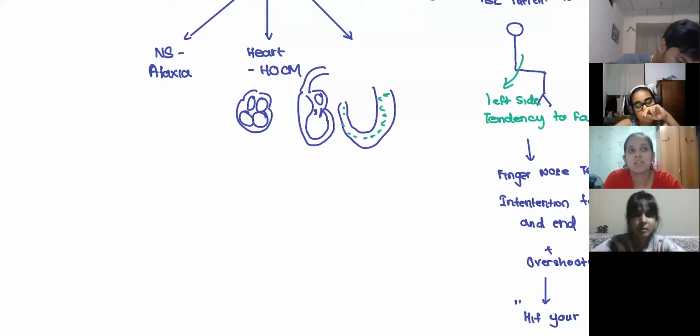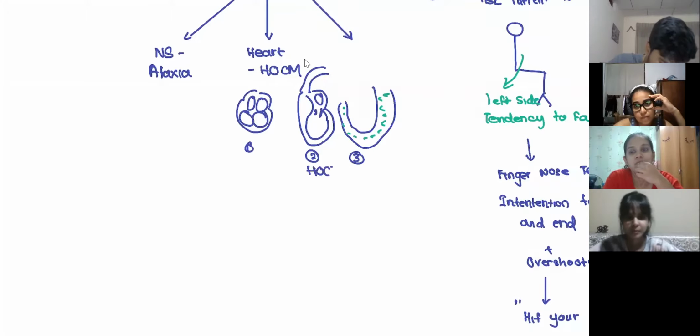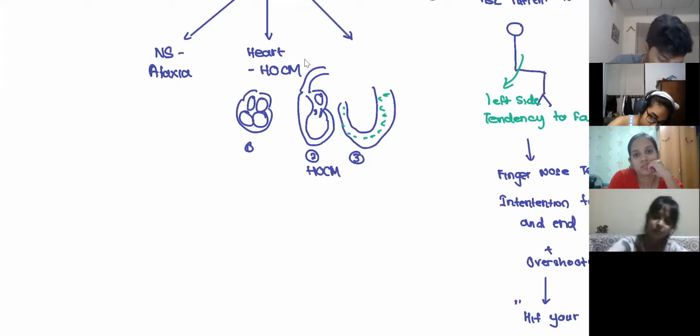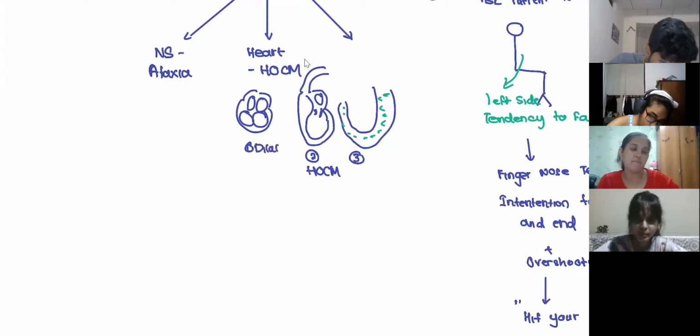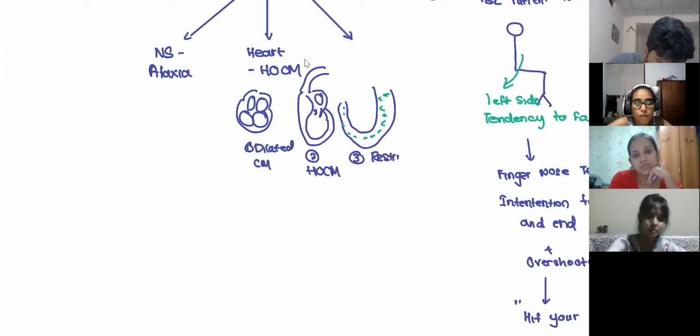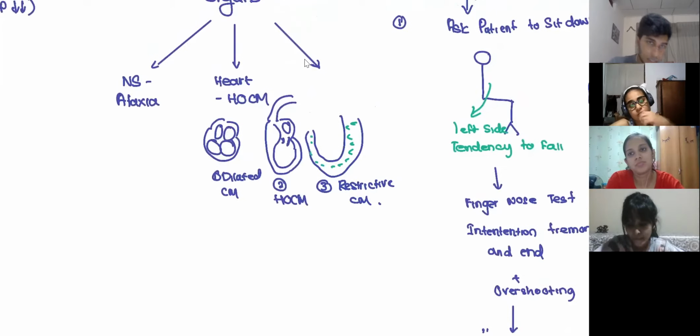Which type is this? Guys, answer this. Yes, HOCM is where the interventricular septa enlarges. Okay, this is dilated cardiomyopathy, and this is restrictive cardiomyopathy. Okay, we have done these.